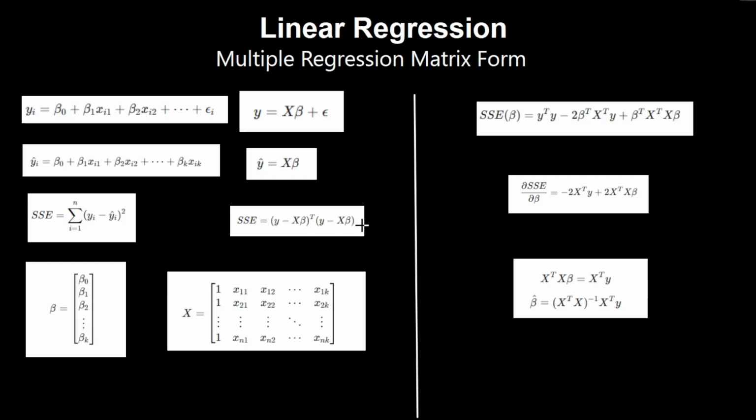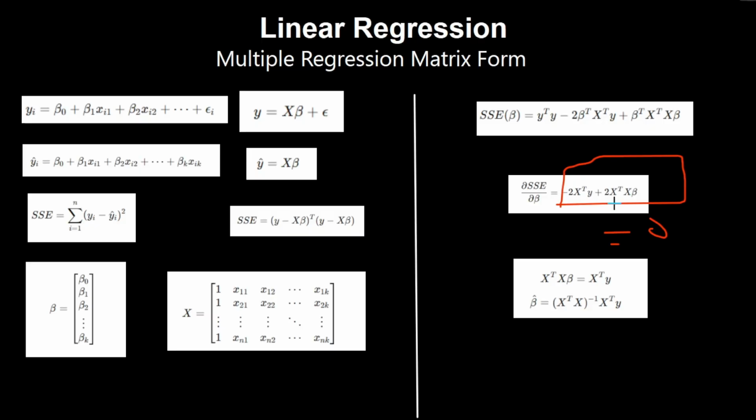Here, if we expand this in the quadratic form, we will have this one. We need to minimize this, right? Notice that we have beta, so if we do the partial derivative on this equation, we will arrive at this equation. After differentiating, you have to equate this to 0 in order to find the minimum.